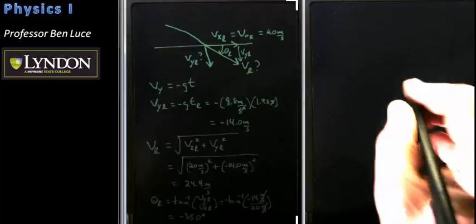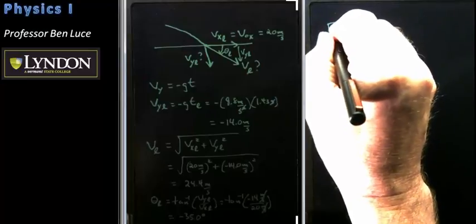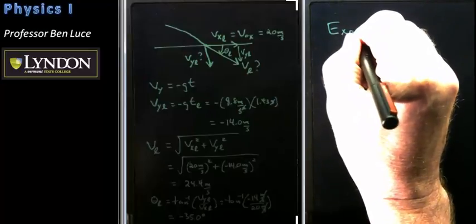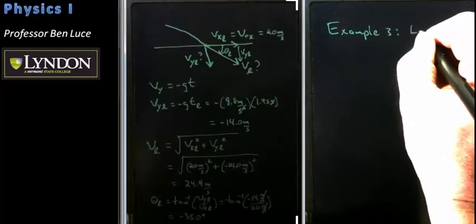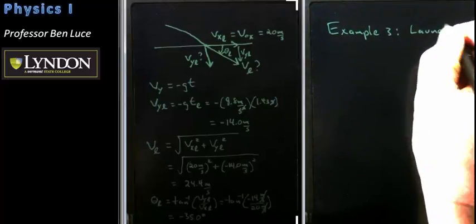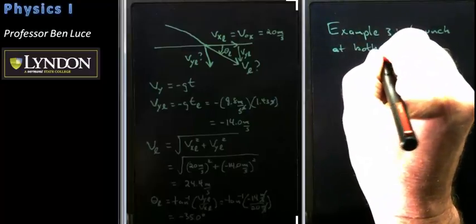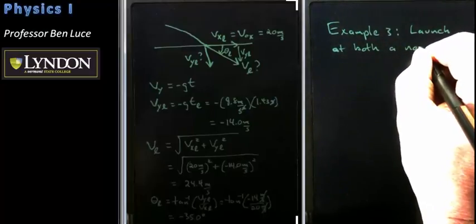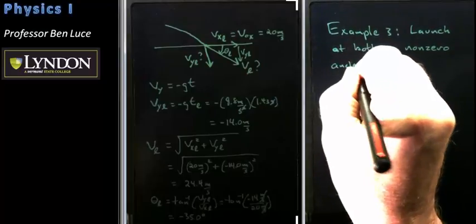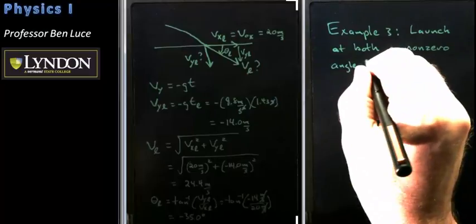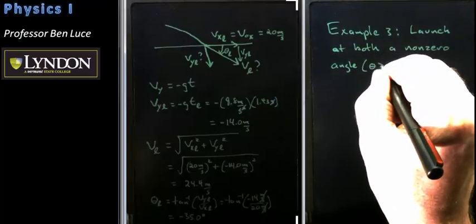Let's now consider a third example, and this time let's launch at both a non-zero angle and a non-zero elevation. That is, non-zero angle meaning we'll launch at an angle, so to speak.